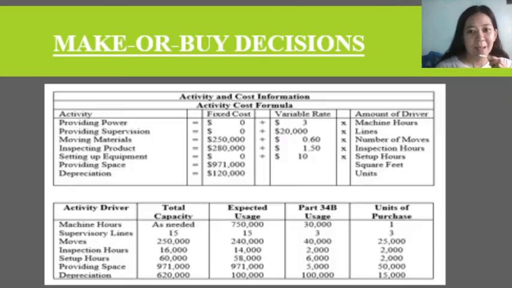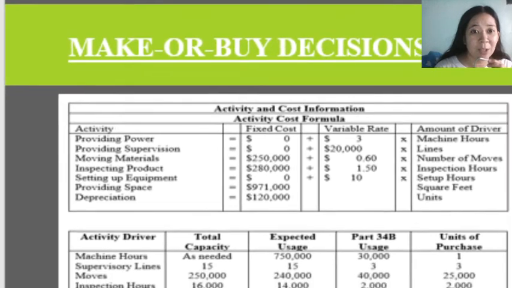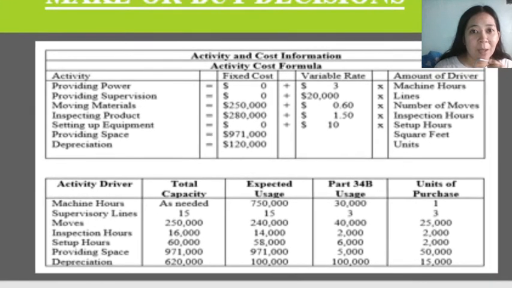So if the company is using the ABC cost management system, we will follow these cost drivers that will be added into the cost that we consider.